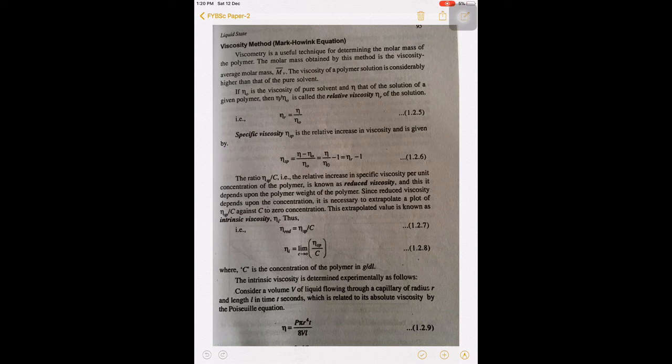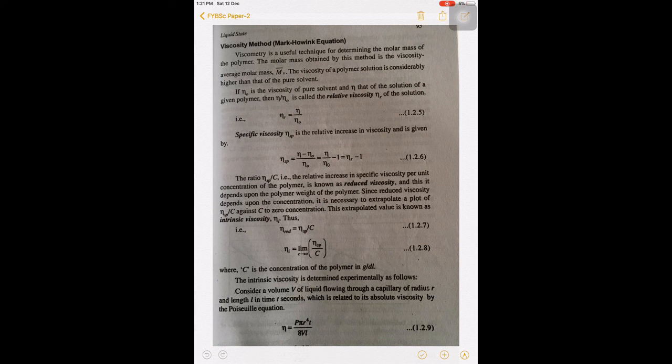Viscosity is a useful technique for determining the molar mass of a polymer. The molar mass obtained by this method is the viscosity average molar mass, M bar v. The viscosity of a polymer solution is considerably higher than that of the pure solvent.